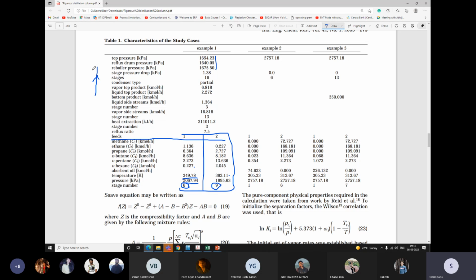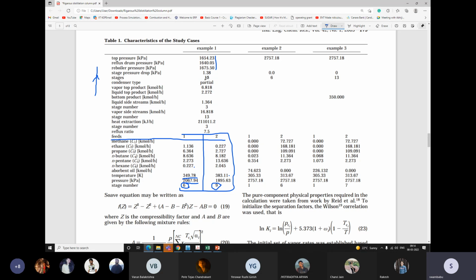It will only move when we have a pressure gradient, so the reboiler pressure will be slightly higher than the top pressure.